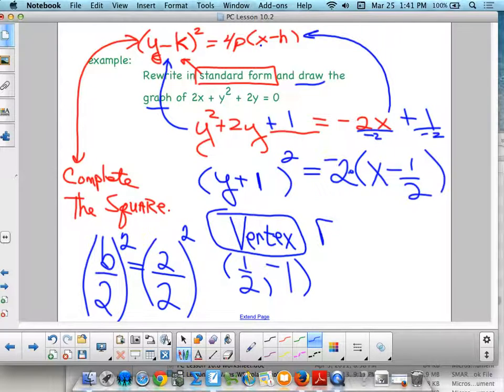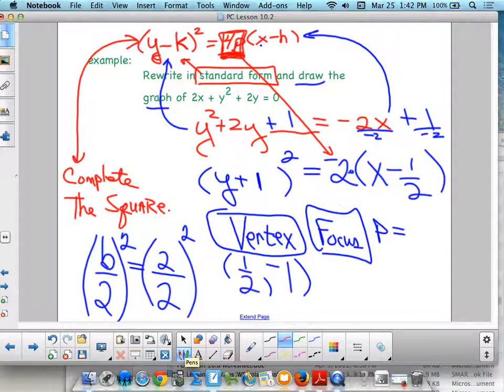Okay, but here's the deal. I need the focus. You won't get the focus until you find the p-value. Now, where's the p-value coming from? Right here. Look. See that? That, 4 times p, gives you that number. See, now, if you just set that equal to, let me just do this. 4p must give me negative 2.